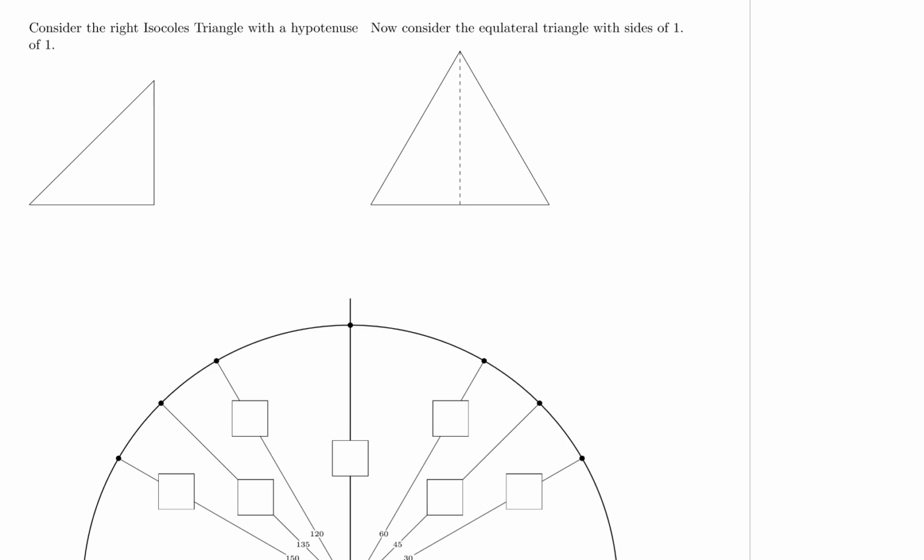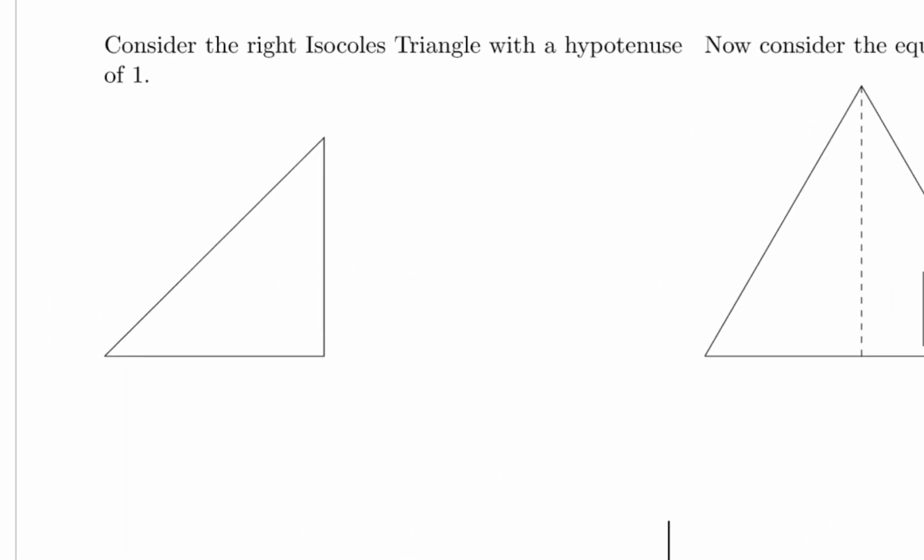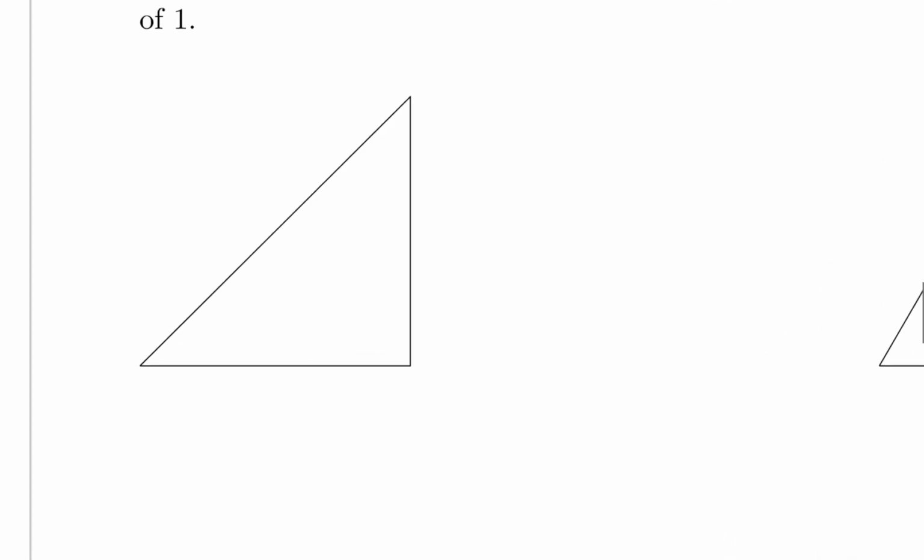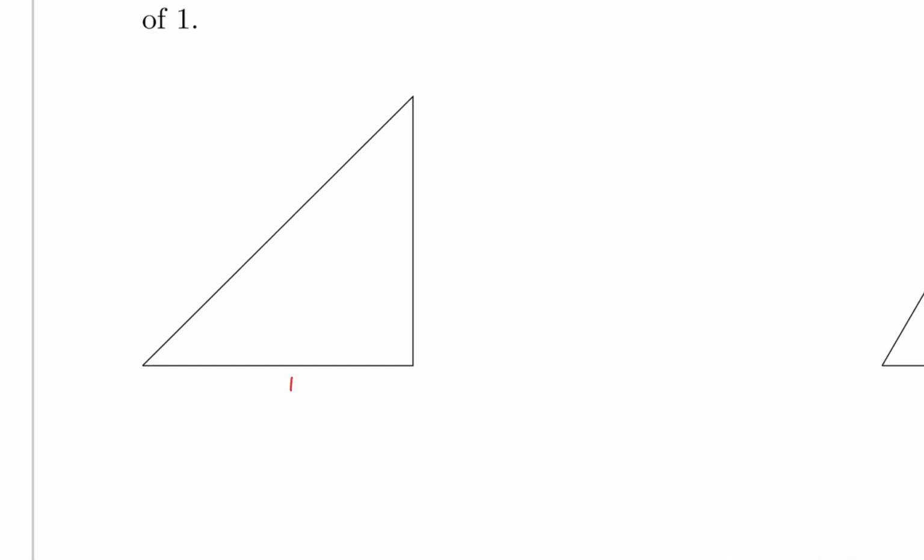All right, so we have these two isosceles triangles. I'm going to zoom into one so we can get a good look at it. For this isosceles triangle, we're going to let both sides be 1, and that angle will be 90.